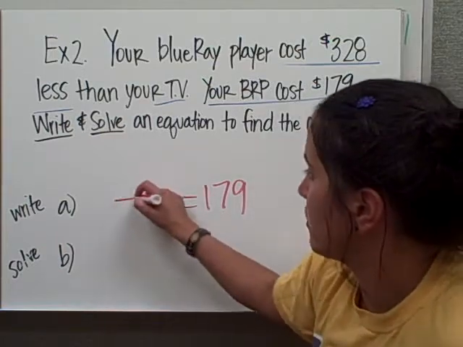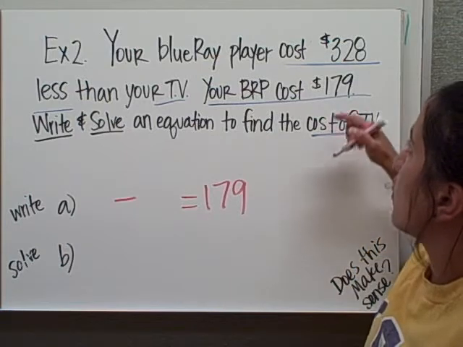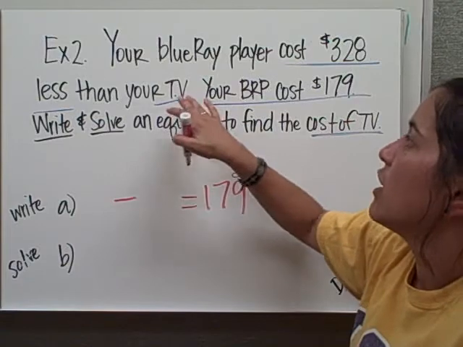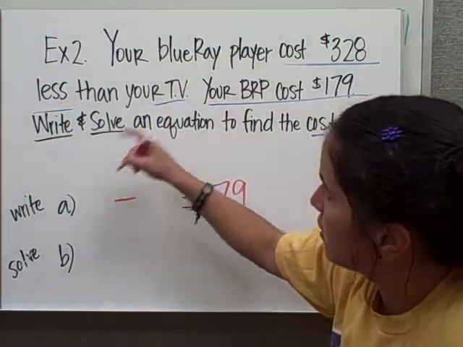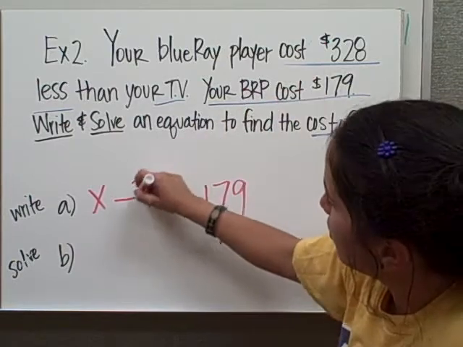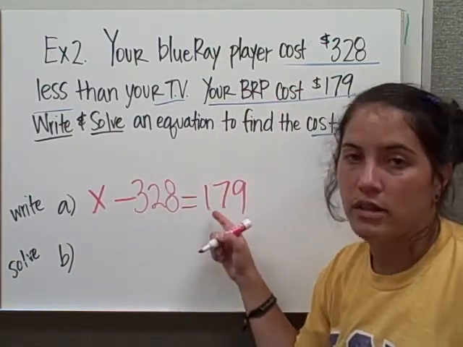Exactly, subtraction. So we know we're going to subtract something. And which one's going to be more, the Blu-ray player, the $328, or your TV? Your TV is what you're starting with, so I'm going to use that as x. When you take away the $328, that is how you get the price of your Blu-ray player.